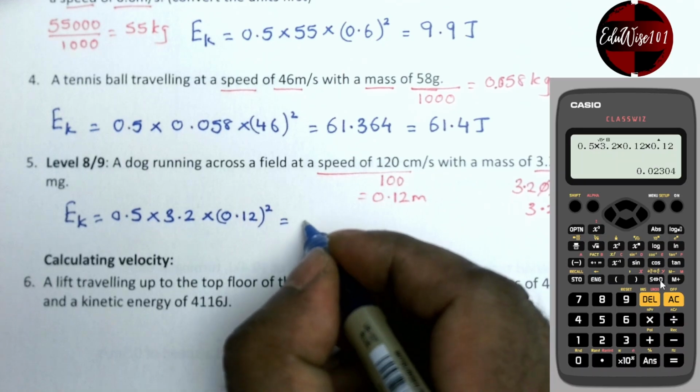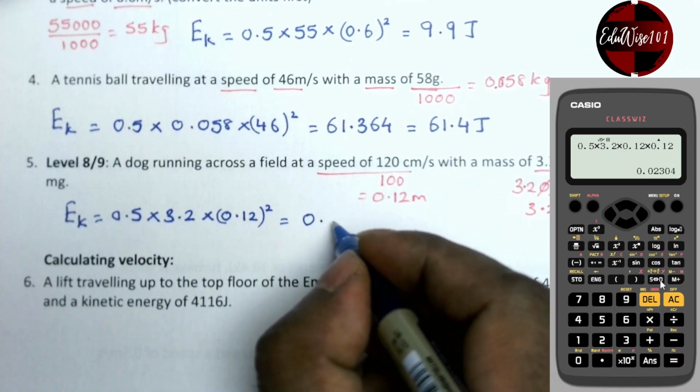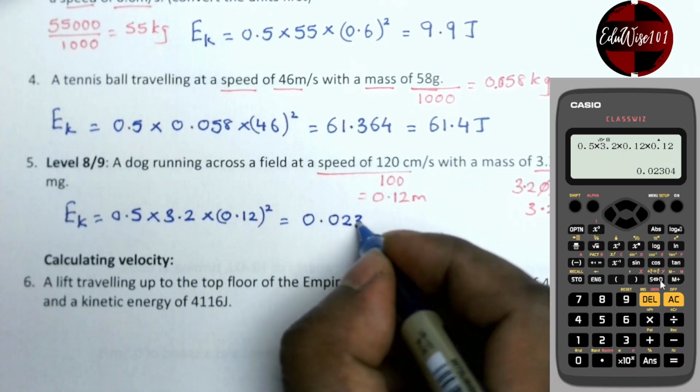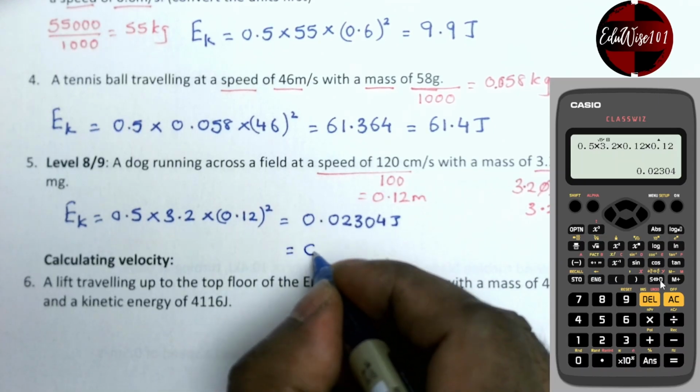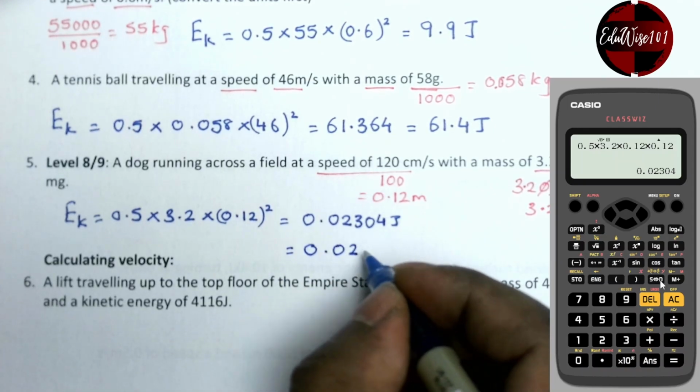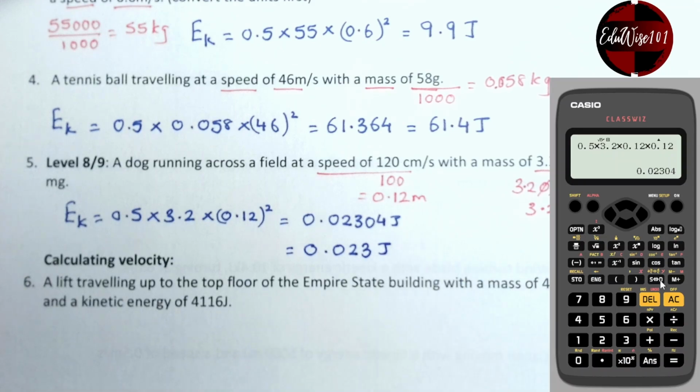That gives 0.02304 joules. I can round it off to 0.023 joules. I'm just pausing to check if it is correct. Yes, it is correct. I've just double checked the calculation just to be sure.